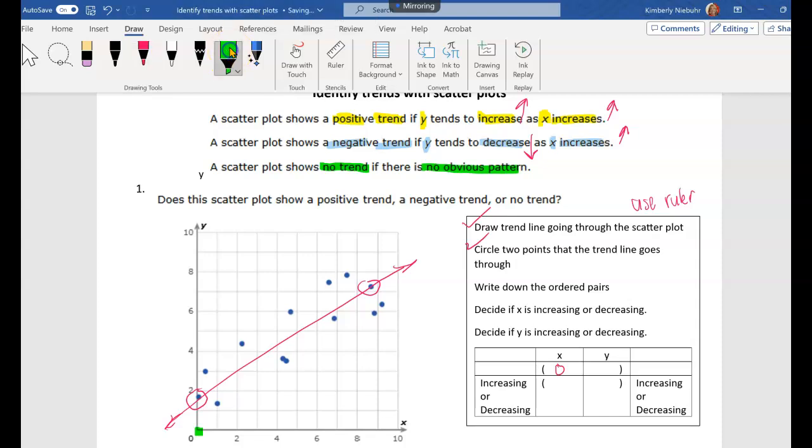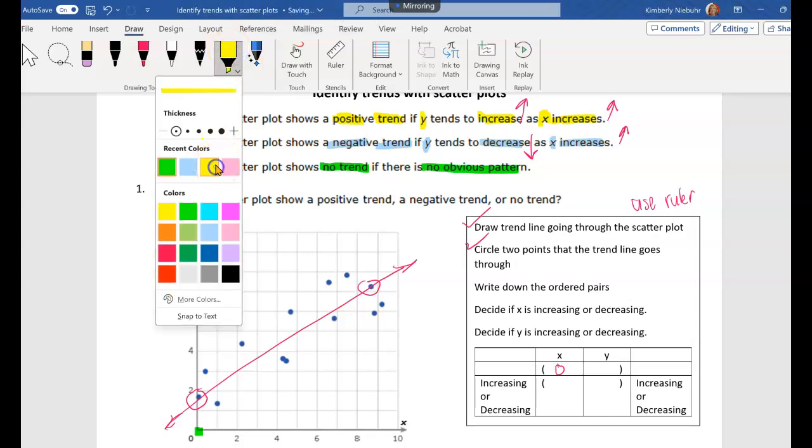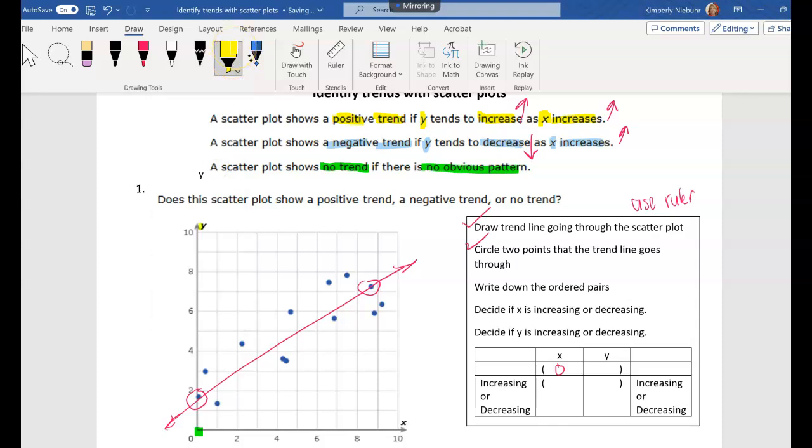Okay, now we're ready for the Y axis. Here's Y. Start at 0 and we're driving up, and we stop. Okay, so that is between 0 and 2. It's almost 2.